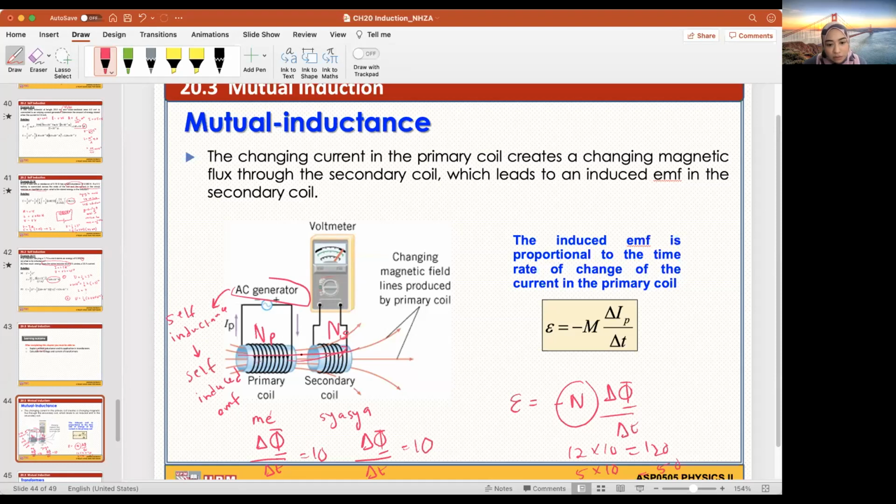So the magnetic flux goes to Shasha, the secondary coil. So the secondary coil experiences the same magnetic flux. The only difference between the primary coil and the secondary coil is the number of turns. So NP is not equal to NS.